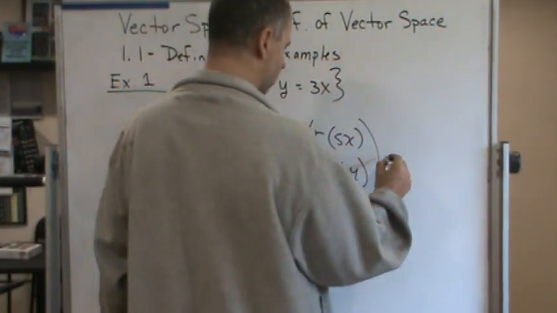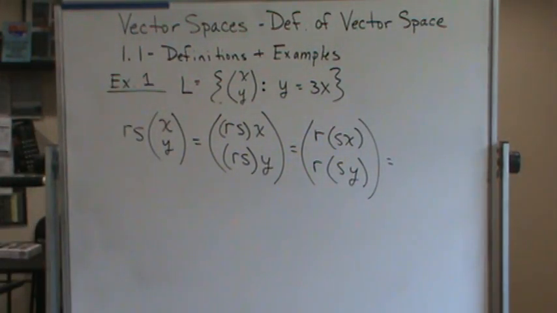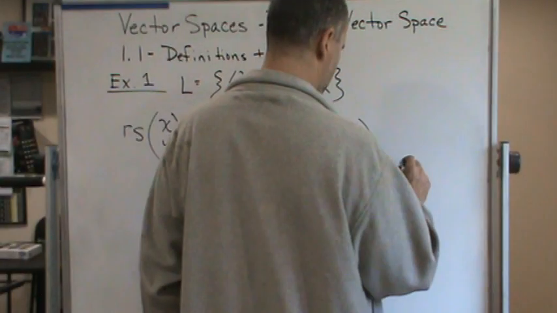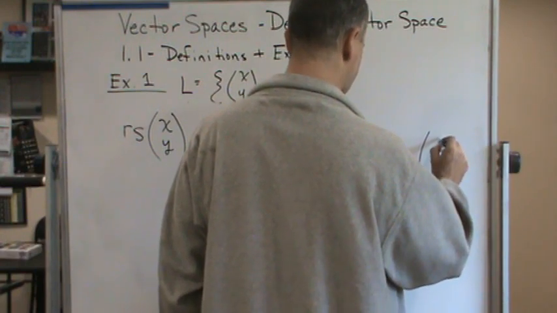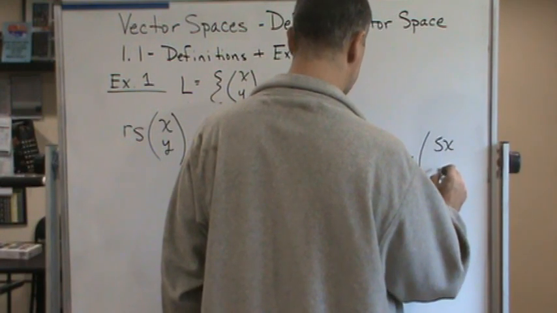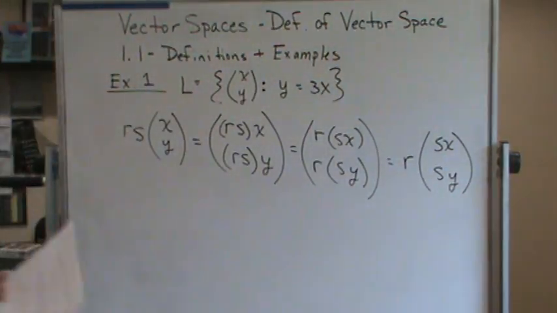And now if I pull the R out, I get R times (Sx, Sy).